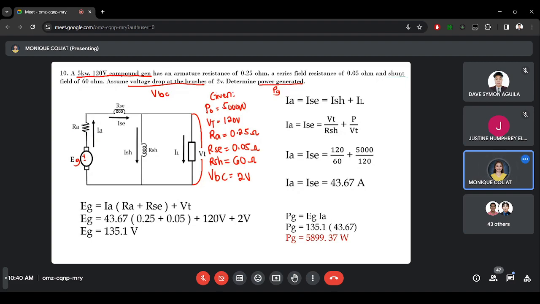So to get PG, we need EG and IA. Do we have EG? Wala. Do we have IA? Wala. So we have to get them.